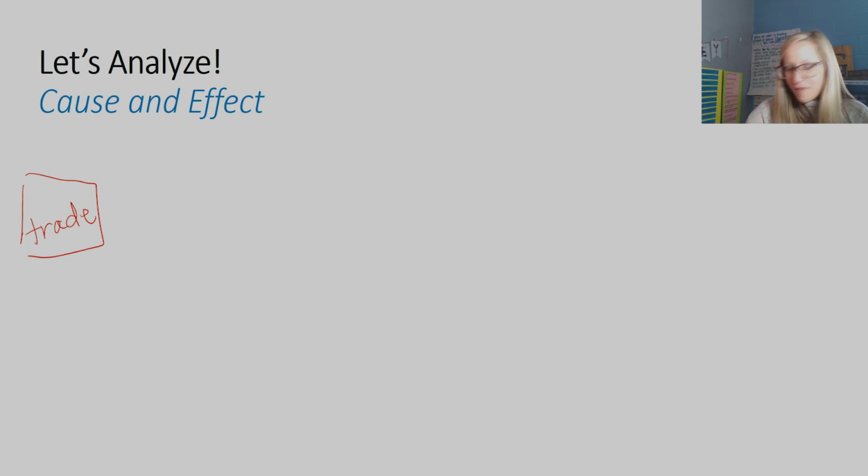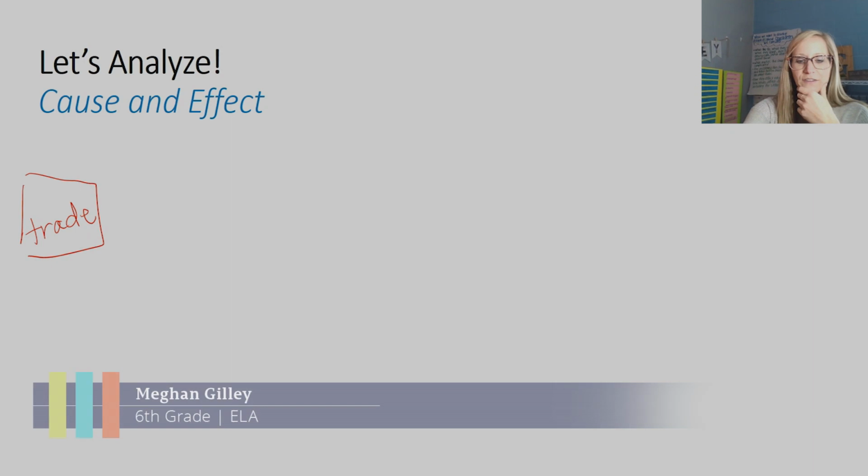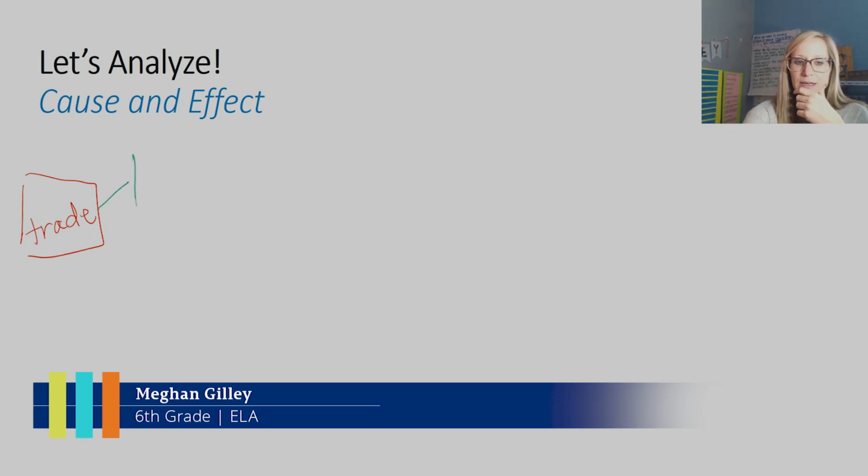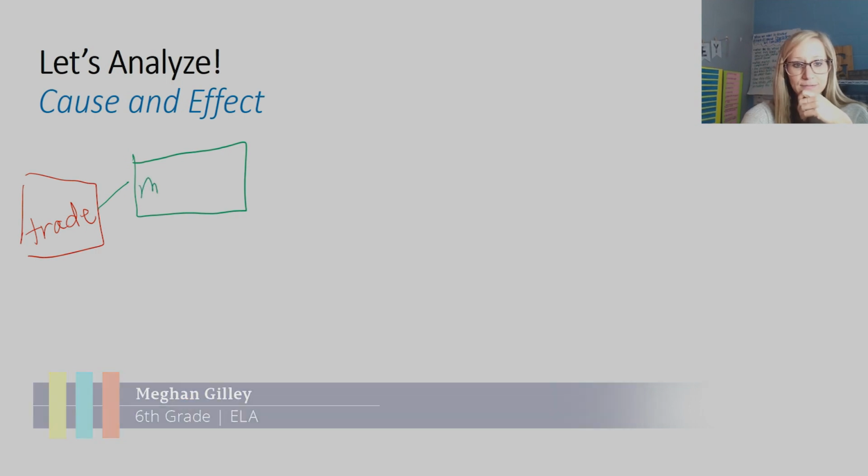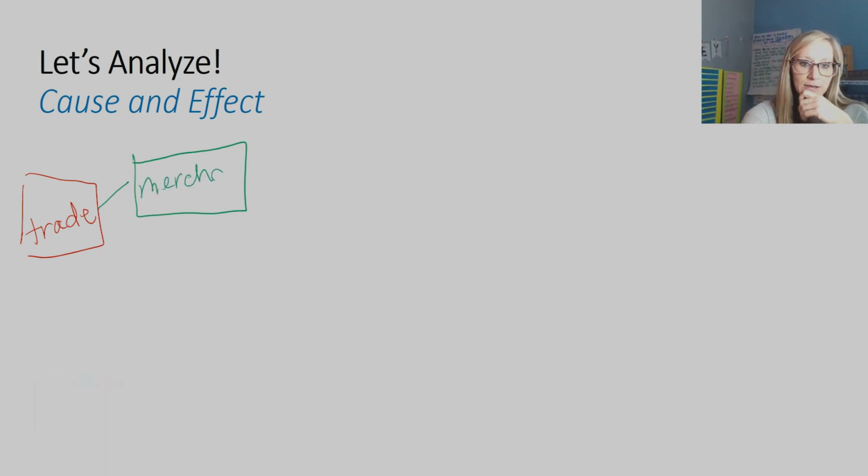So again, I'm thinking the factors that created towns. Well, first we have trade. Why should I do that? Well, because towns began as trading centers. Next, I'm going to draw 2 boxes. One of the boxes is going to be for merchants, and the other box is going to be for guilds.